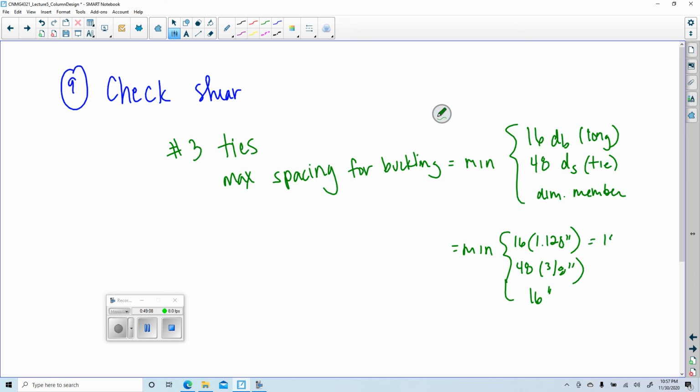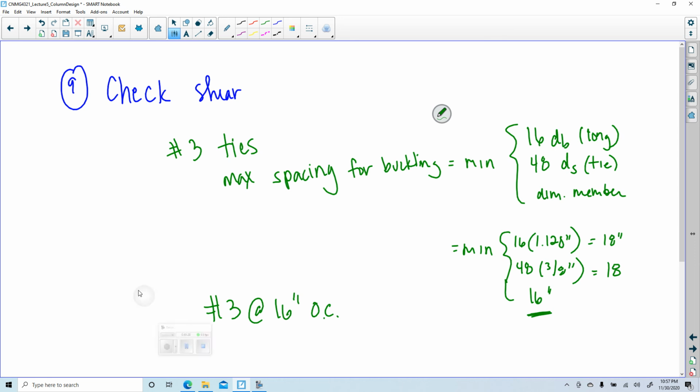So 18 or 16, so I've got number 3s at 16 inches on center. Is that what I need for buckling, right?